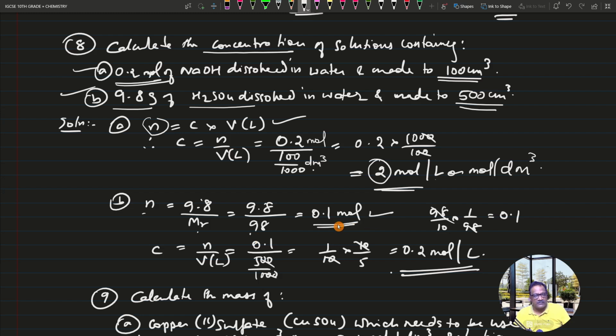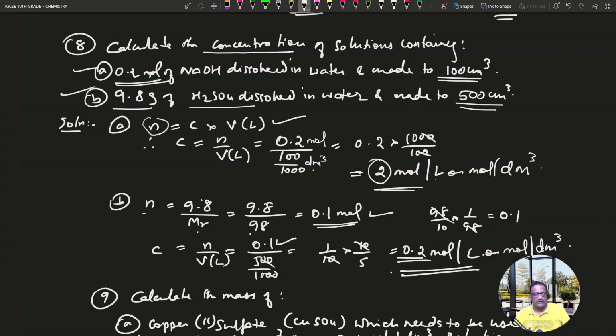Then C, the concentration, will be equal to number of moles divided by volume. Number of moles is 0.1, and volume is 500 centimeter cube, which we convert into decimeter cube. So 500 upon 1000, that is 1 upon 10 into 10 upon 5, which works out to 0.2, and the unit for concentration will be mole per liter or mole per decimeter cube.